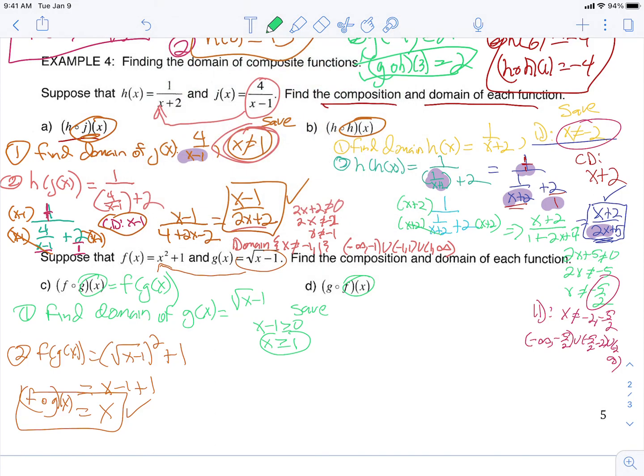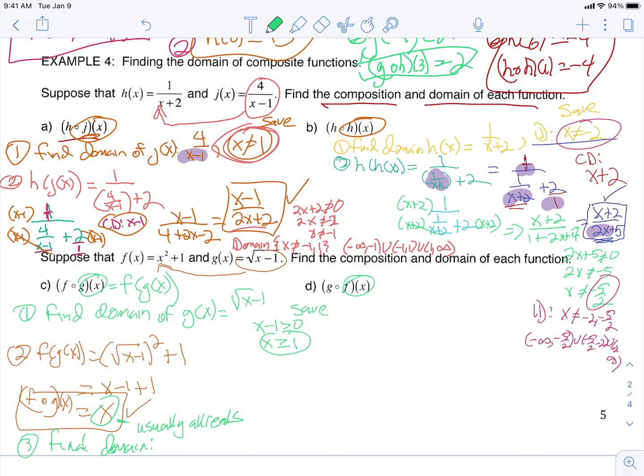Now the domain. So the final domain. Well, if I look at this, this is my new function, x, right? I just did all this work and I got x. So x is a linear function, which means my domain for this is typically all reals.